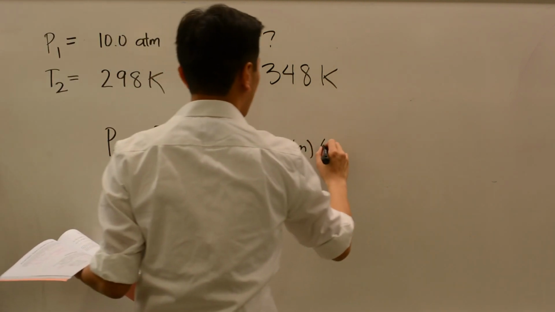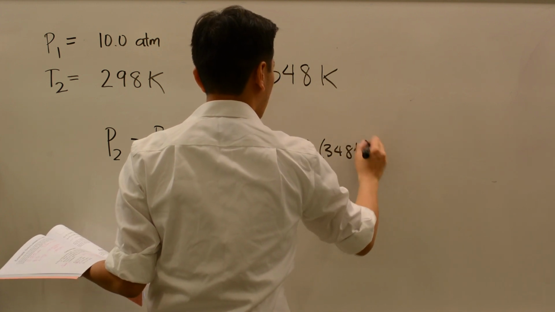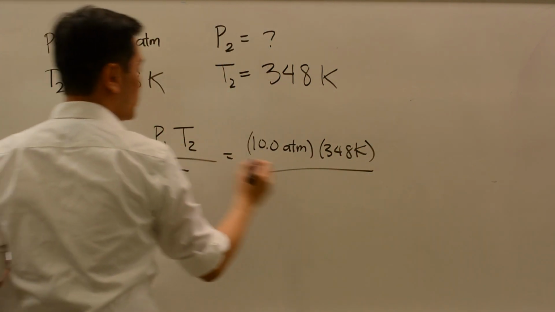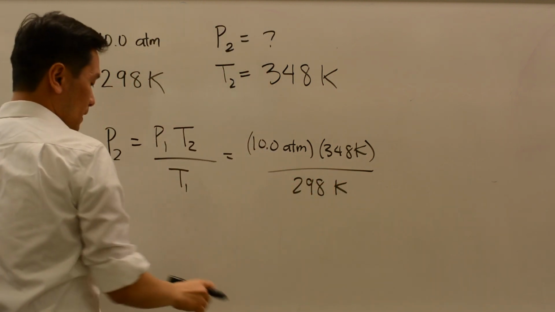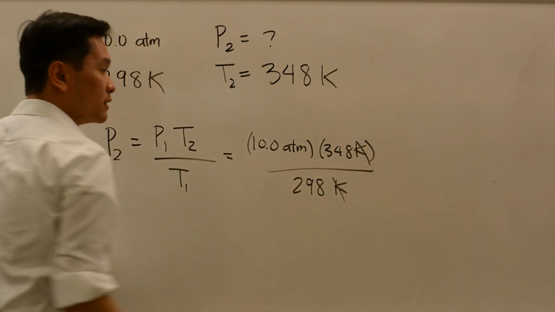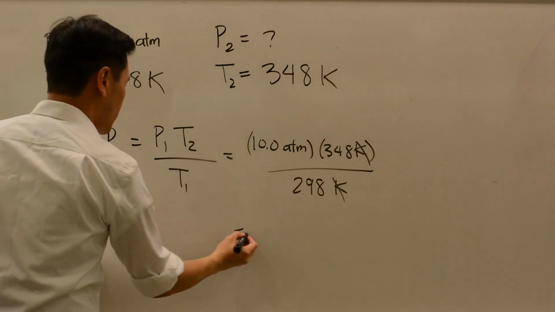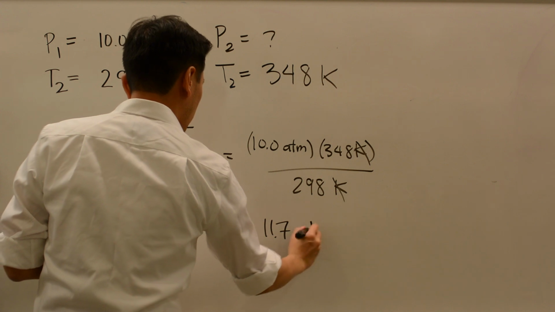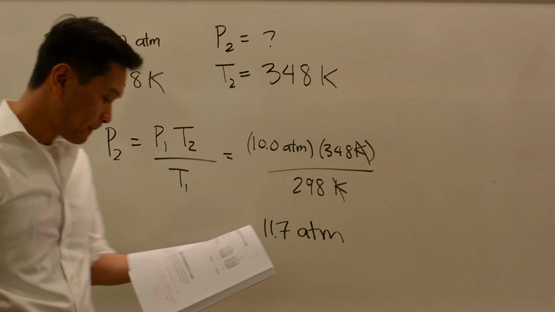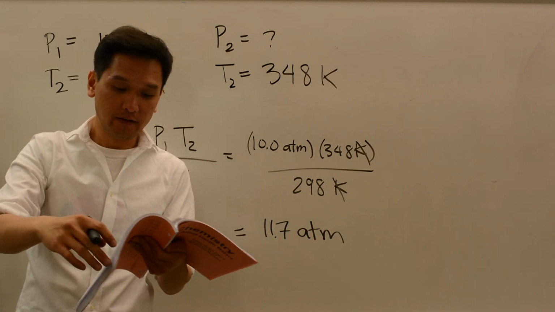T2 is 348 Kelvin. T1 is 298 Kelvin. Again, notice Kelvin cancels out, giving you atmospheres, and you get 11.7 atmospheres in your calculator. That gives you the answer, letter B.